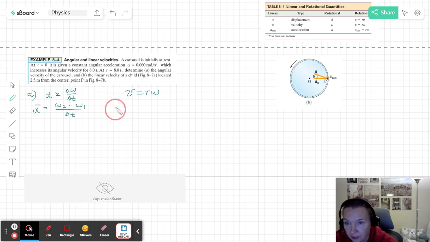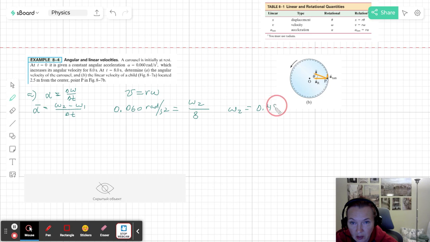We have 0.06 radians per second squared equals omega 2 minus 0 divided by 8. So from here, omega 2 is going to be equal to 0.48 radians per second. We just have to multiply those. So the carousel accelerates from omega 1 equals 0 to omega 2 equals 0.48 radians per second.